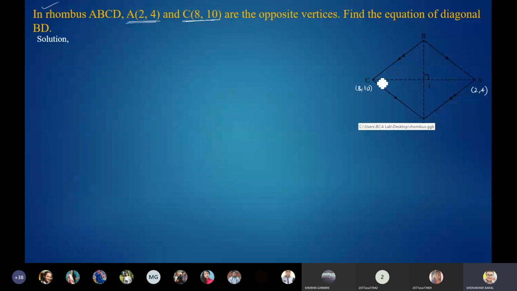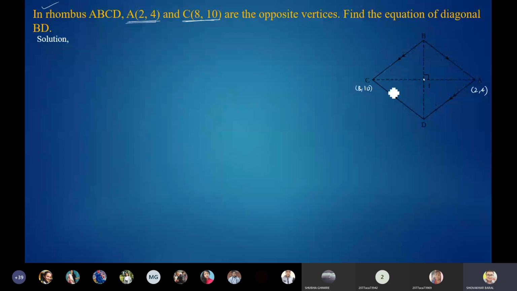It is the same as the question of the perpendicular bisector, exactly the same, because the diagonals of the rhombus are perpendicular bisectors of each other. It must pass through the midpoint of the diagonal AC, and it must be perpendicular to the diagonal AC. BD is perpendicular to AC as given in this sign here, and this is I. I is the midpoint of AC.